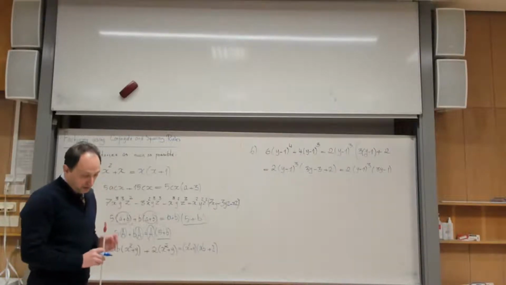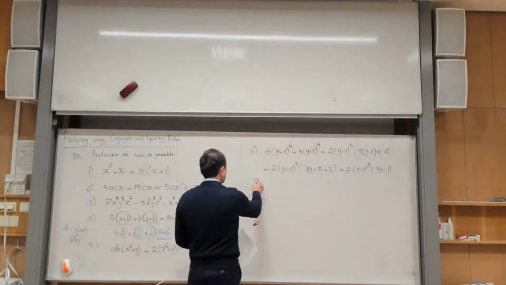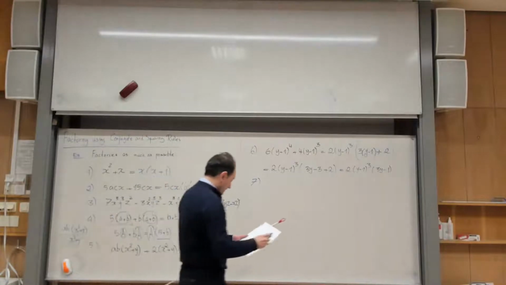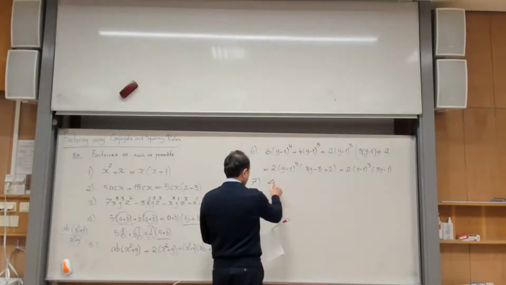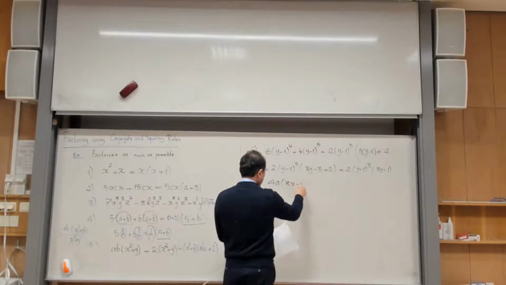Okay, let me give you a little bit more tricky example. So number 7. So I have 4a, and then I have 3x minus y squared.